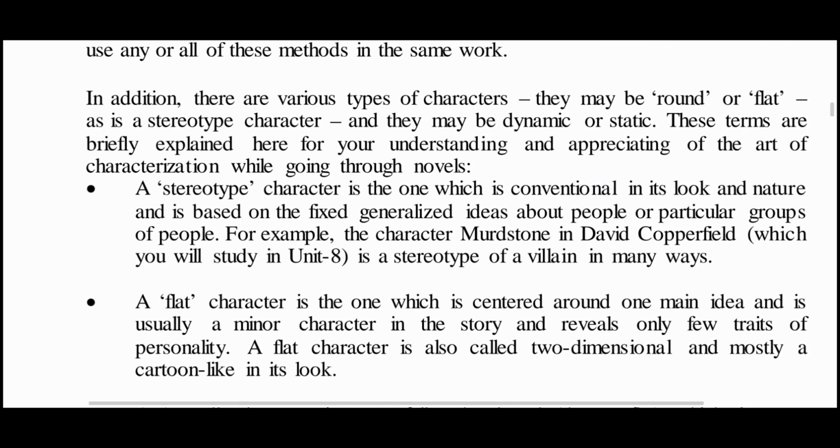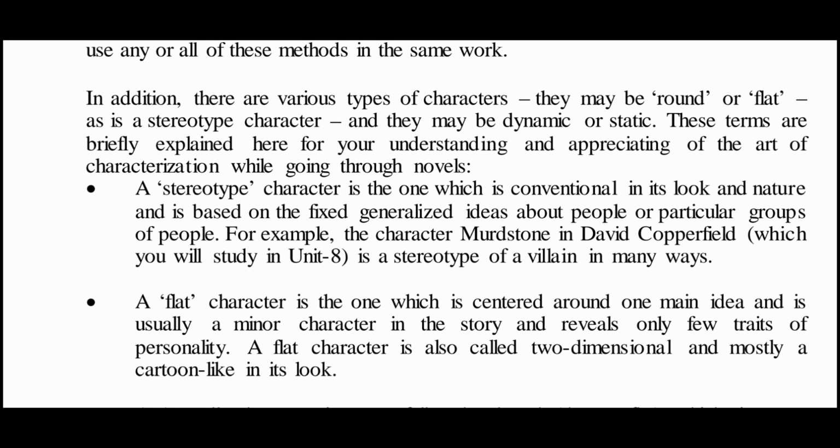In addition, there are various types of characters. They may be round or flat, or stereotype characters, where stereotype means something like a laughing stock, or not too important, and they may be dynamic or static. These terms are briefly explained here for your understanding and appreciation of the art of characterization while going through novels.